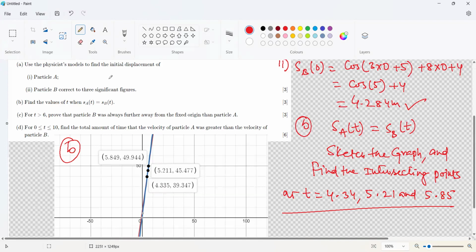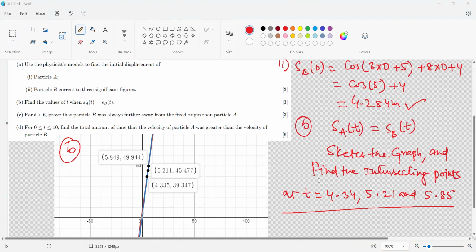For t greater than 6, prove that particle B was always further away from the fixed origin than particle A. It means that after t is equal to 6 seconds, the distance of particle B from the origin is greater than the distance of particle A from the origin.